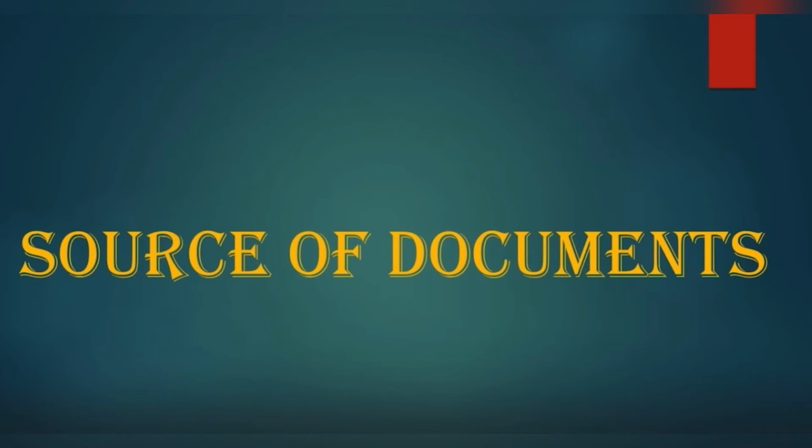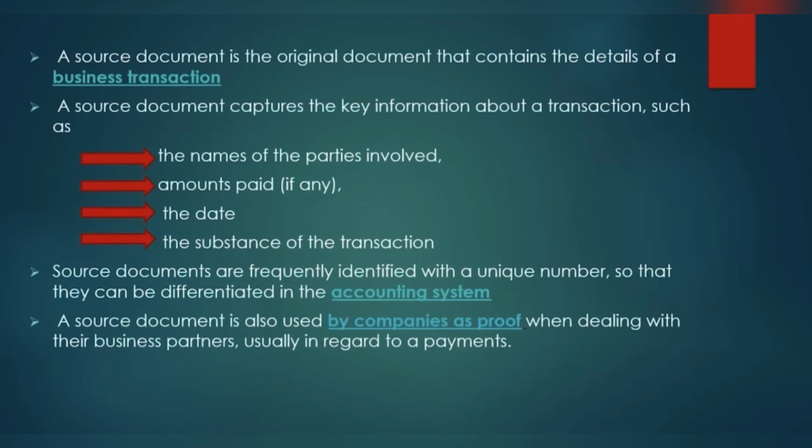Source of documents. A source document is the original document that contains the detail of a business transaction. A source document captures the key information about a transaction, such as the name of the parties involved, amounts paid, if any, the date, the substance of the transaction.